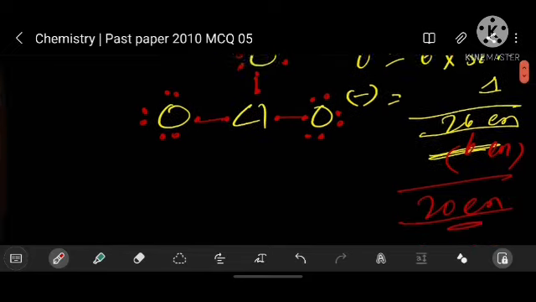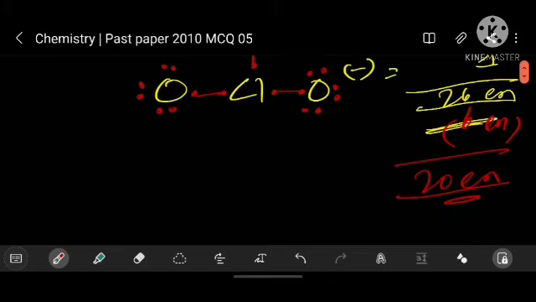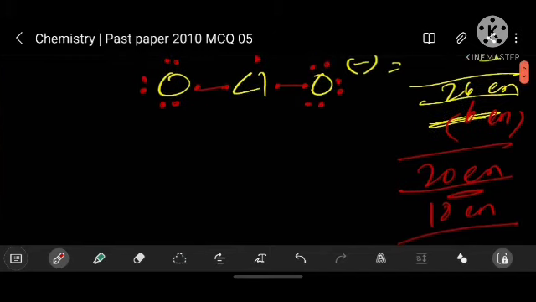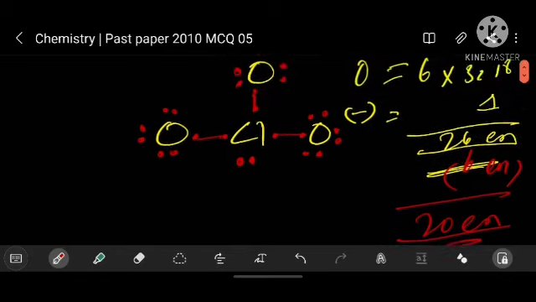So totally I have used 18 electrons. So I'm left with 2 electrons. These 2 electrons would be distributed to chlorine. So chlorine has 1 lone pair.